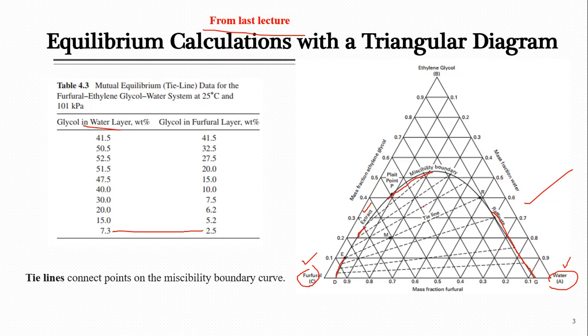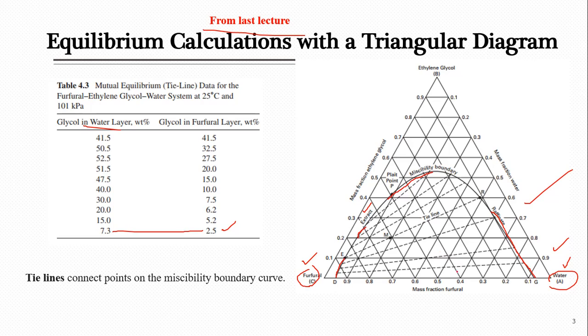So I was saying, here you have now 7.3% glycol on the water side, while it is 2.5 on the furfural side. Now I have to locate or draw a tie line. So how can I draw? Just look, this is the water rich side. Even if you just look at the values of this glycol percentage, you can easily locate where it will be.